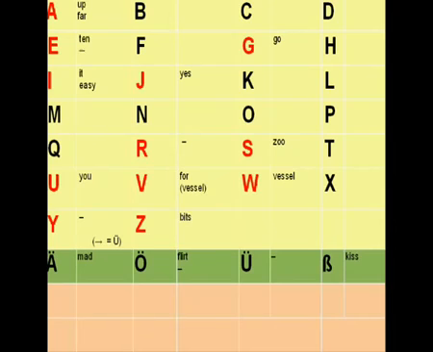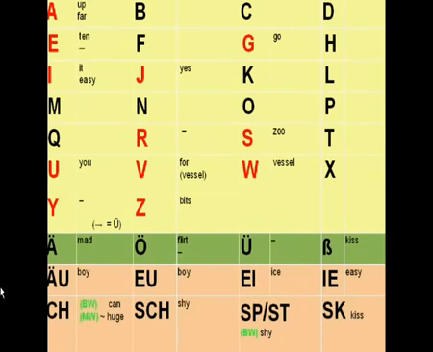But we have some more rules. For instance, you learned that this letter is pronounced like Ä and this letter is pronounced like U. So you might think, okay, this is pronounced like Ä and this like U, this must be pronounced together like Ä-U. But in this case it's wrong, it's pronounced like Oi in boy. Same is true for this letter combination.